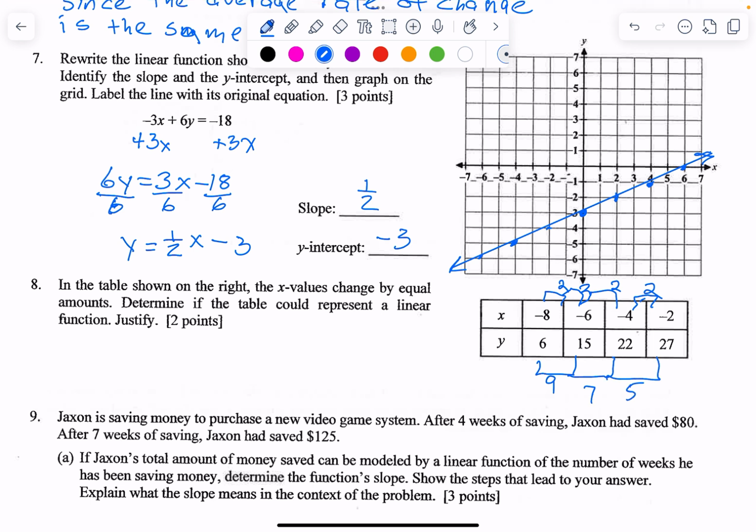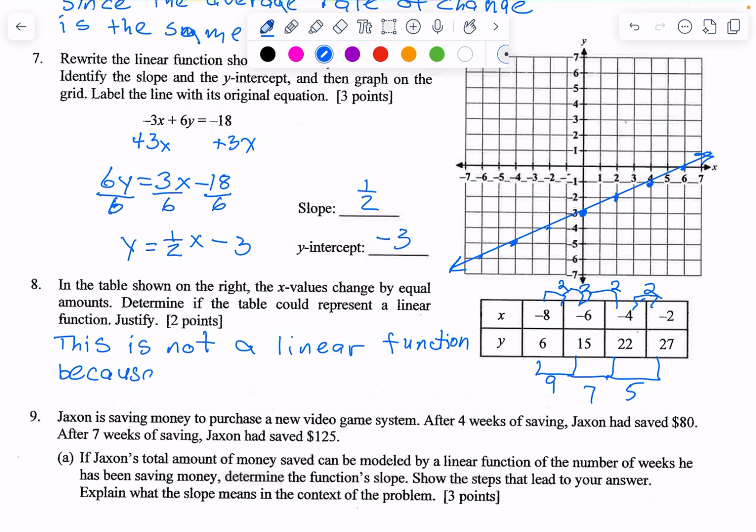So we could say that this is not a linear function because the change in y is not the same.